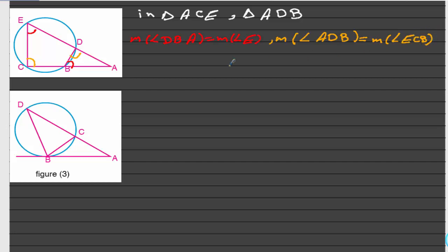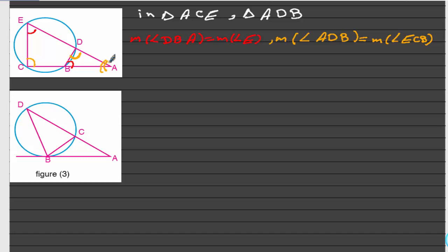For the same reason, angle ADB is an exterior angle. And the third angle in the two triangles is the angle A, and it is common.